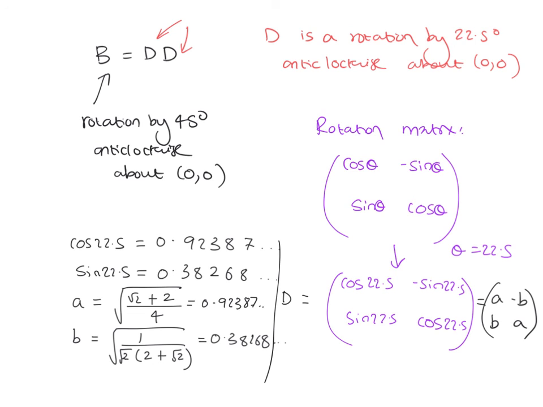So what are the values of A and B actually equal to? Well, A is equal to cos 22.5, which is the angle of rotation, and B is equal to sine 22.5.